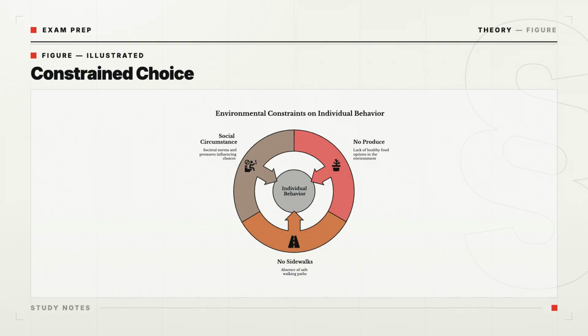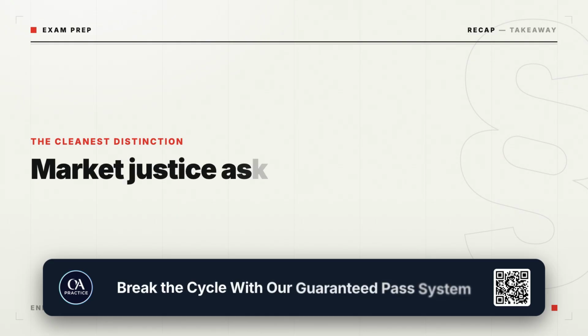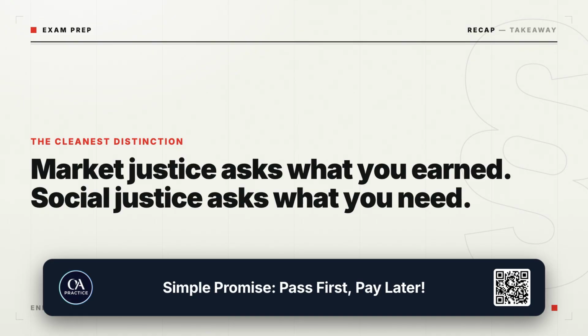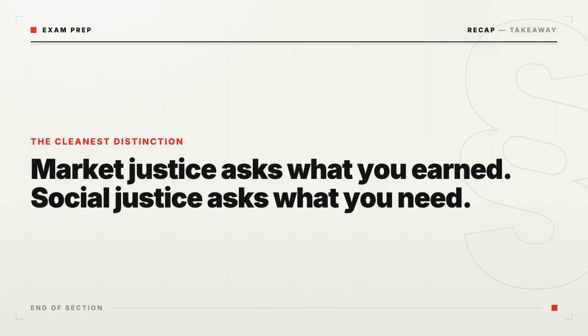A person can't buy produce that isn't sold nearby, can't walk where there are no sidewalks, and can't easily quit smoking when every circumstance reinforces it. Distributive justice, the fair allocation of benefits and burdens, belongs to the social justice commitment, not against it. And non-maleficence means avoiding harm, never an excuse to withhold care based on ability to pay.